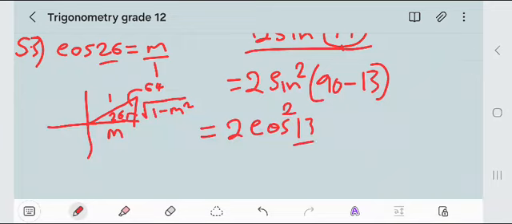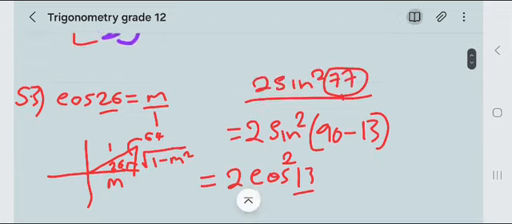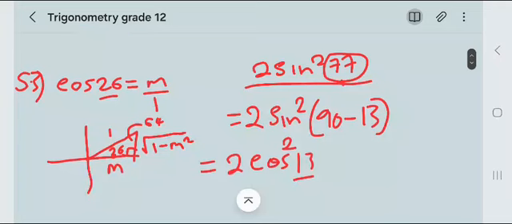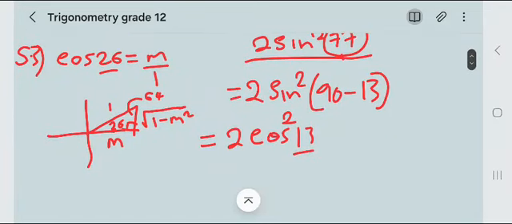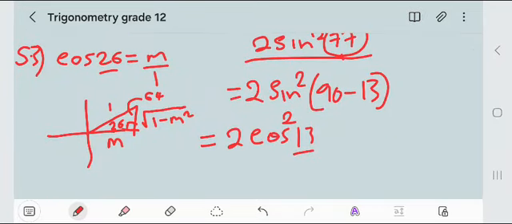Do not worry about that much. 13 is sort of like a half angle. We have something to do with that.